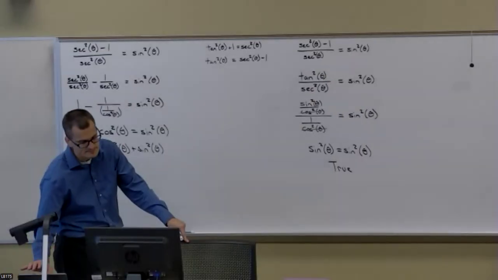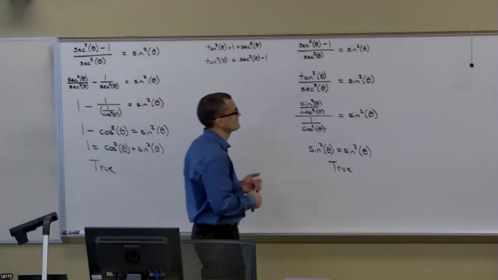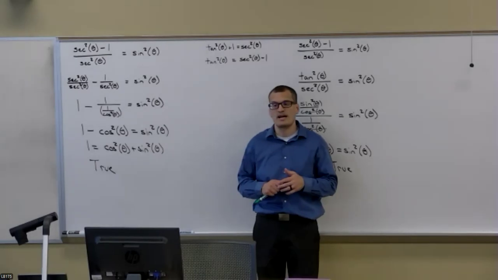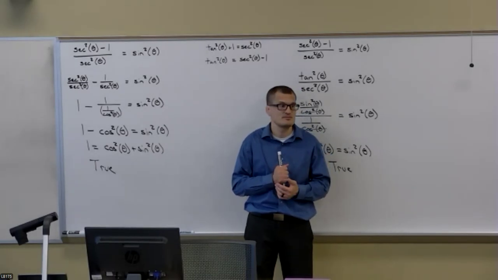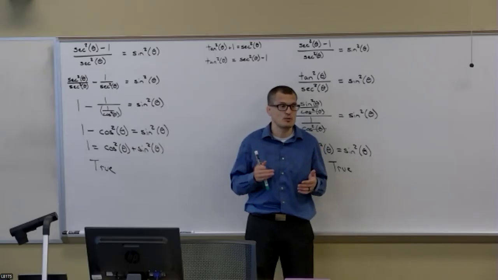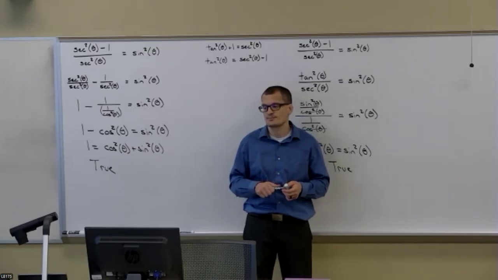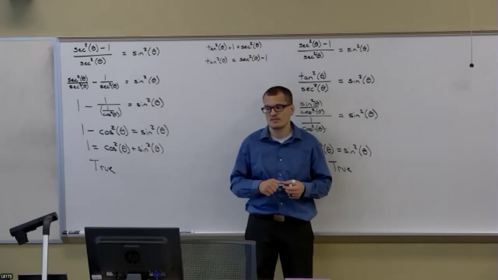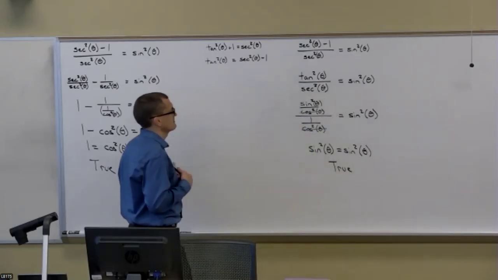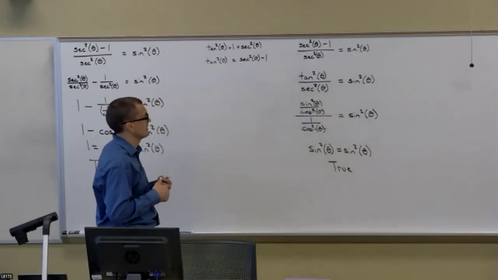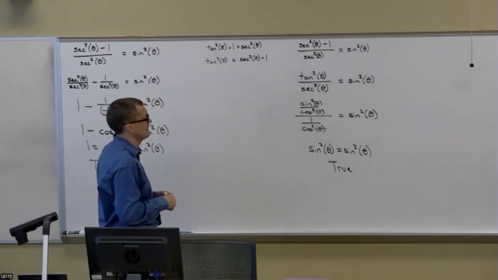So, whichever way you like, and whichever way probably is most straightforward to you. Sometimes I might like something that is done one way, and another person might like something that's done another way.